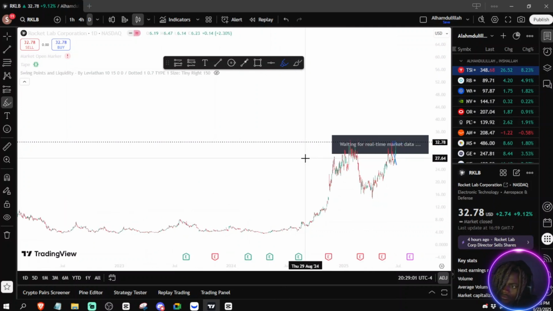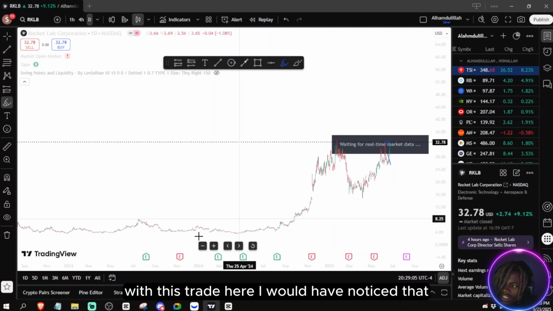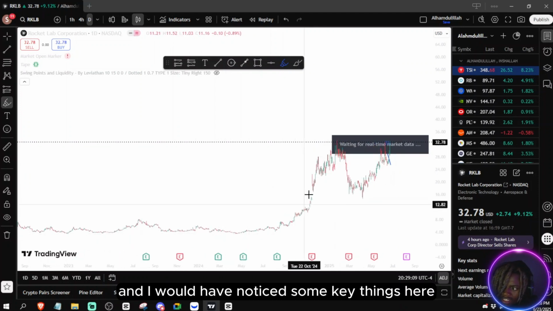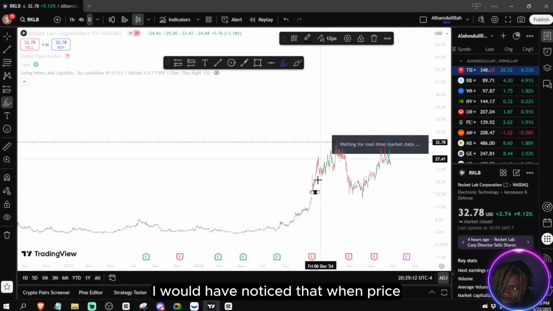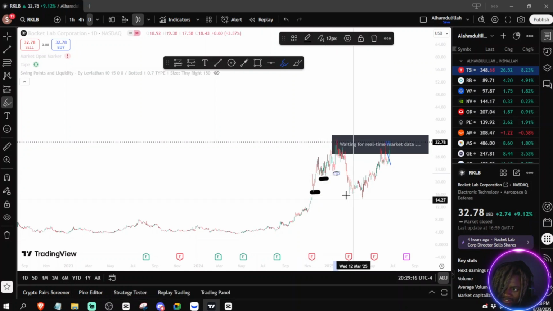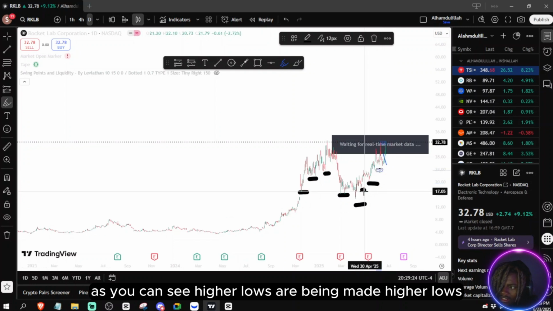So with this trade here, I would have noticed that ultimate lows were made already, and I would have noticed some key things here. I would have noticed that when price decided to trend up, higher lows were being made. As you can see, higher lows are being made. Higher lows.